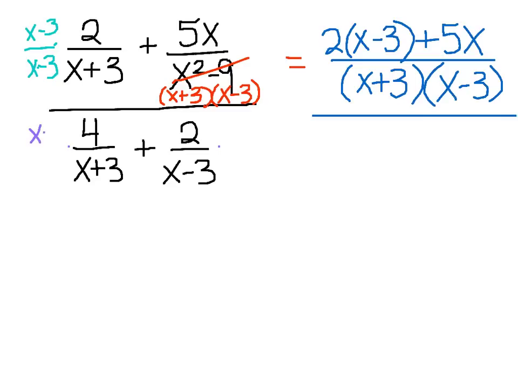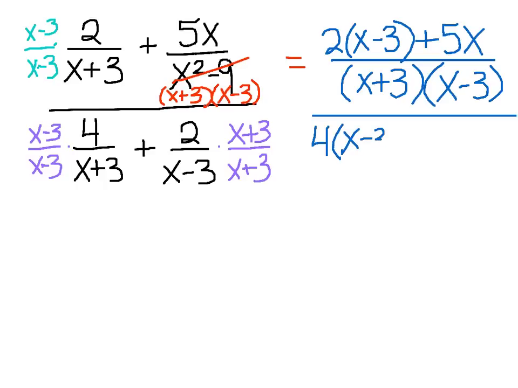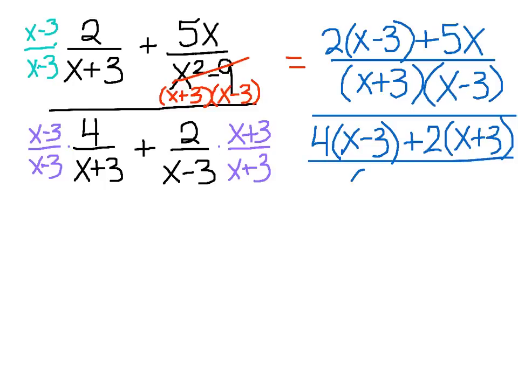So we're going to multiply this one by x minus 3 over x minus 3, and we're going to multiply this one by x plus 3 over x plus 3. And therefore, that's going to give us 4 times x minus 3 plus 2 times x plus 3 all over x plus 3 times x minus 3.